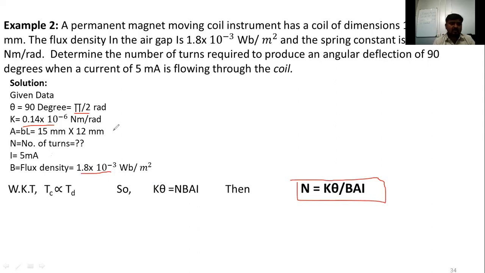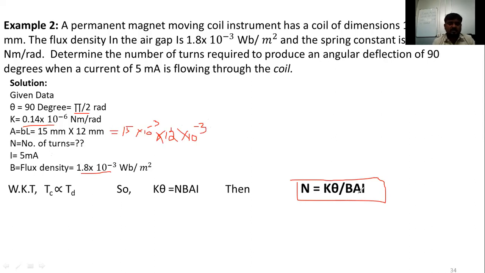And A is nothing but 15 into 10 to the power of minus 3 into 12 into 10 to the power of minus 3, because the dimensions are in millimeters here. Now you have to convert both width and length into meters.